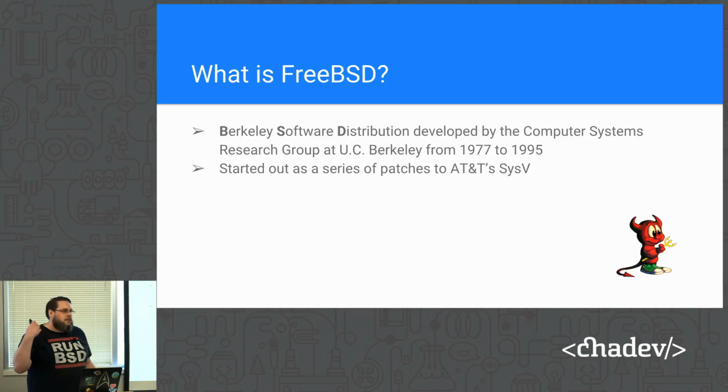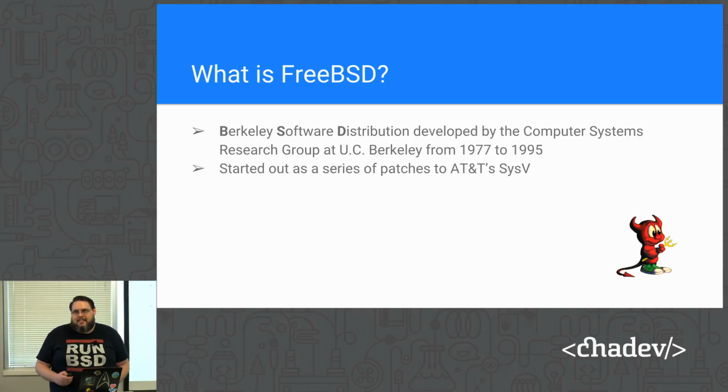It was originally to add new features, fix bugs, things like that, but as time went on, it got more involved, where they even started replacing bits of AT&T's code base. Talk about a senior project.